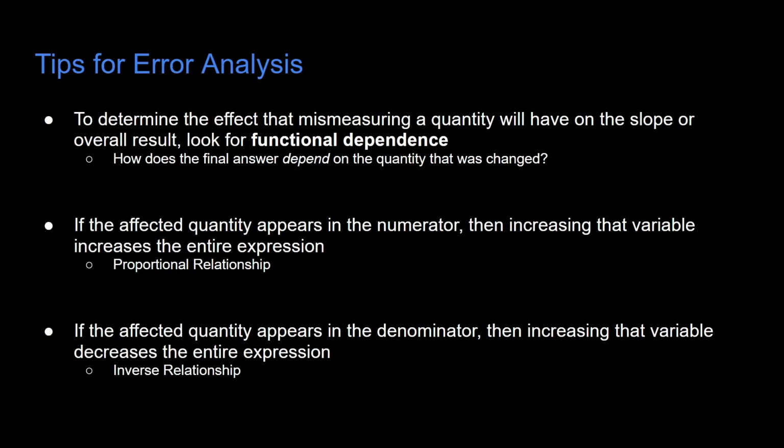Denominator, then increasing that variable decreases the entire expression. So an inverse relationship. So you're really just seeing where does that variable appear in my expression? Is it on top? Well, then increasing one increases the other. Is it on bottom? Well, then increasing one decreases the other. So you have to be on the lookout for both. And if it doesn't appear at all, well, it must not affect your final answer.